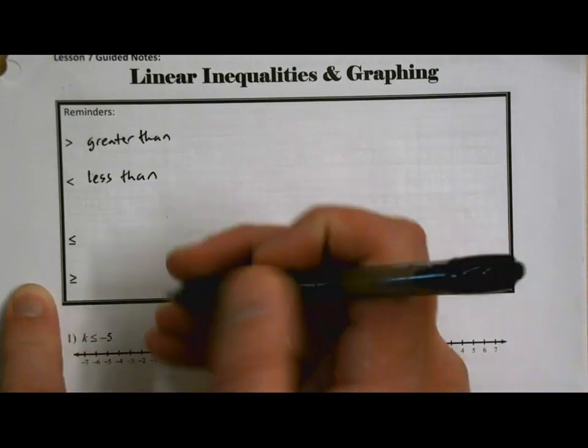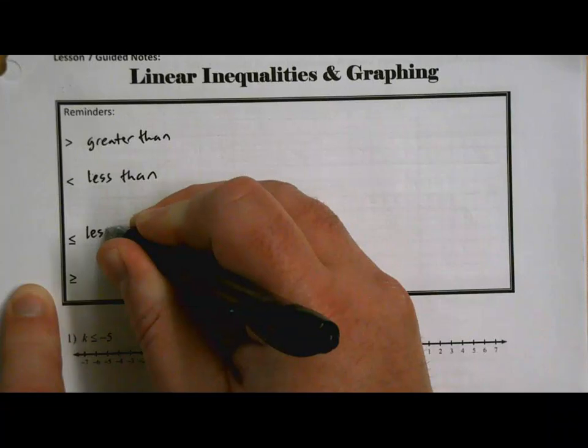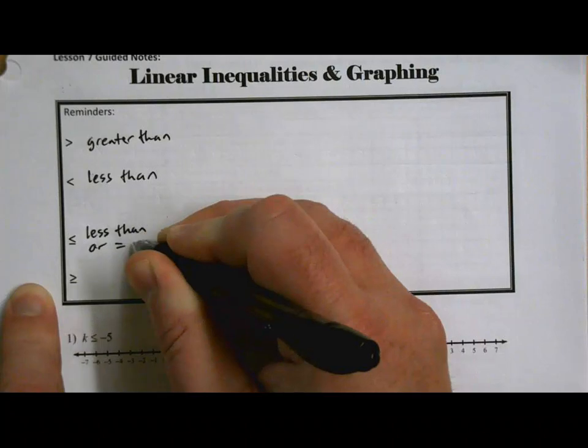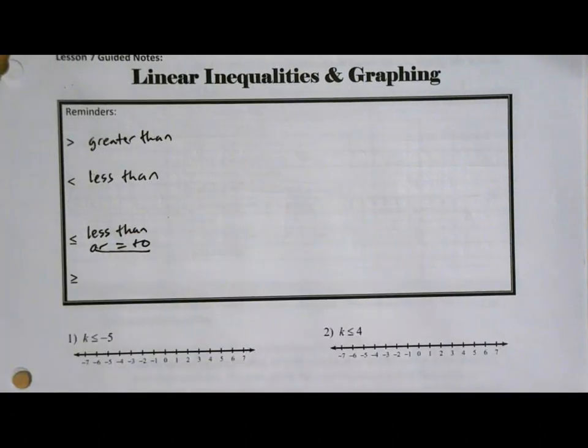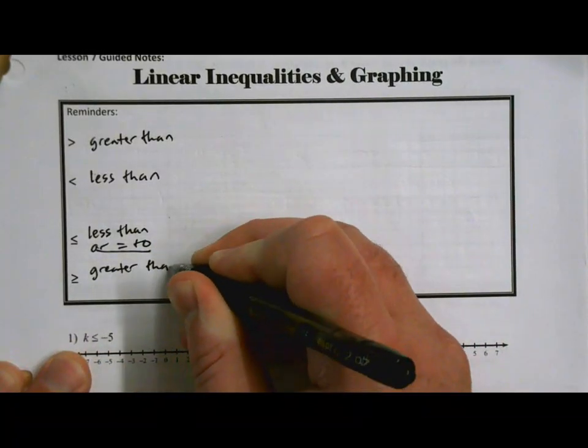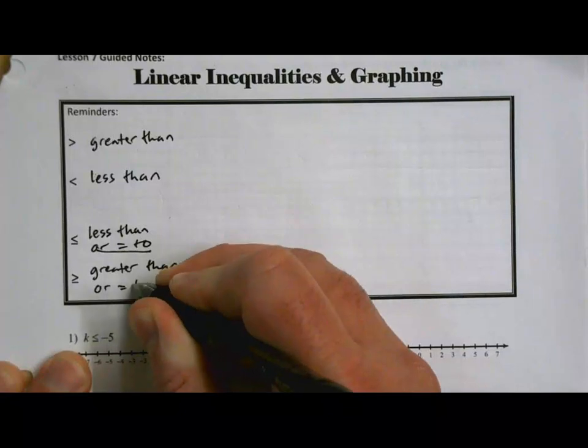It'd be less than or equal to. Good, thank you for throwing that in. Less than or equal to. That's what that line on the bottom means, the or equal to part. And this would be greater than or equal to.